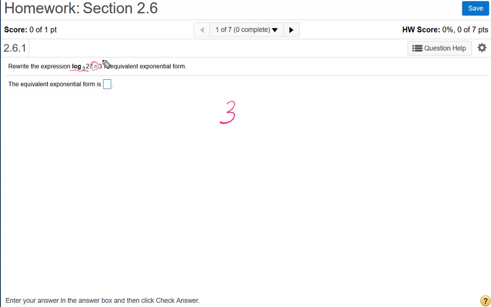So our exponent is also a 3. And then finally, the other number, which would be the 27, gives us our logarithm form. And that goes in our answer box.